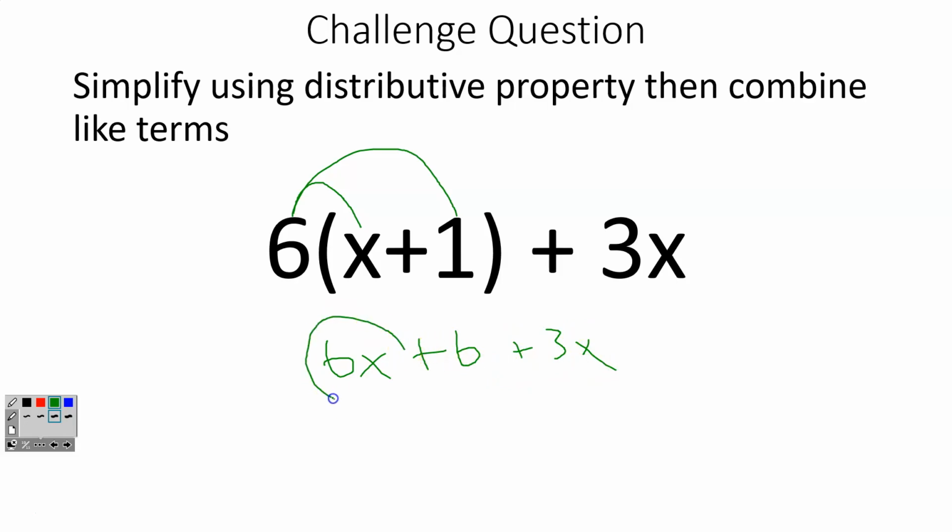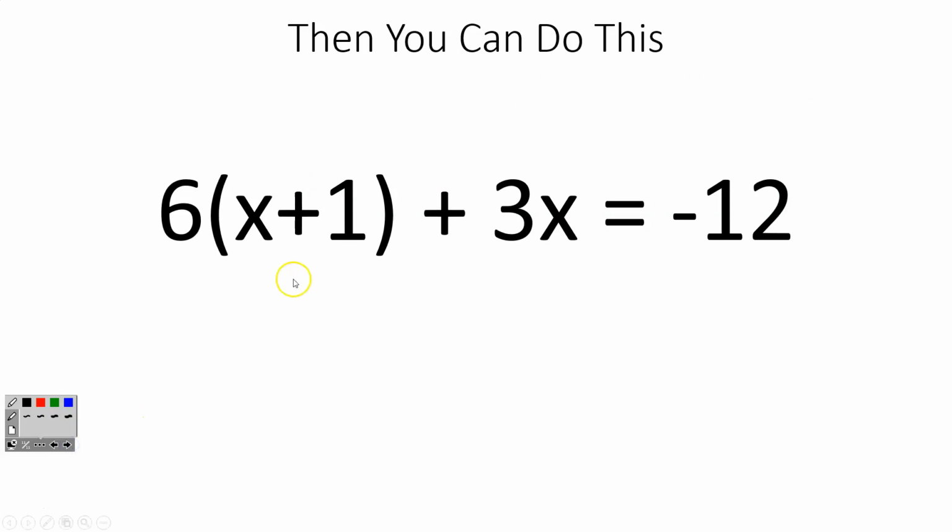I'm going to put a shape around those things that are similar, 6x and a plus 3x. Remember to put your shape around the sign that's in front of it, the operation. 6x plus 3x gives me 9x. I can't combine that plus 6 with anything, so I'm just going to bring it down. And I'm done.